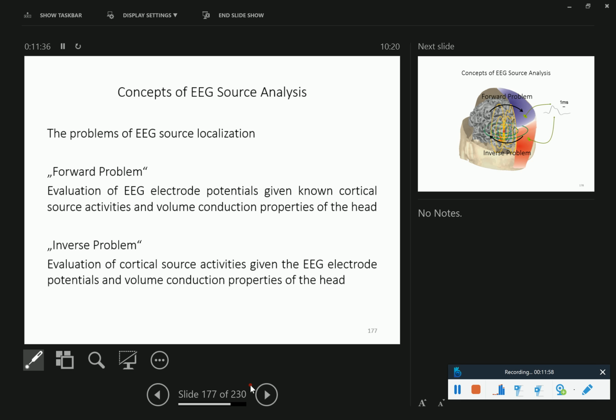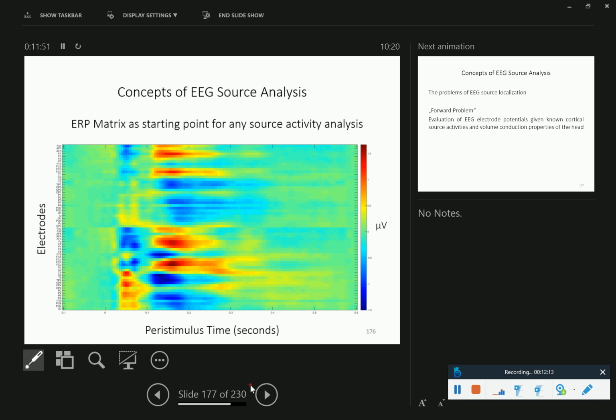And as previously stated, the inverse problem is then the evaluation of cortical source activities given the EEG electrode potentials and volume conduction properties of the head. And what you also should keep in mind, in general, is that this is at a single time point. Yeah? So if you look again at this matrix, then what we just said, the forward and the inverse properties, they refer to a single slice here in time.